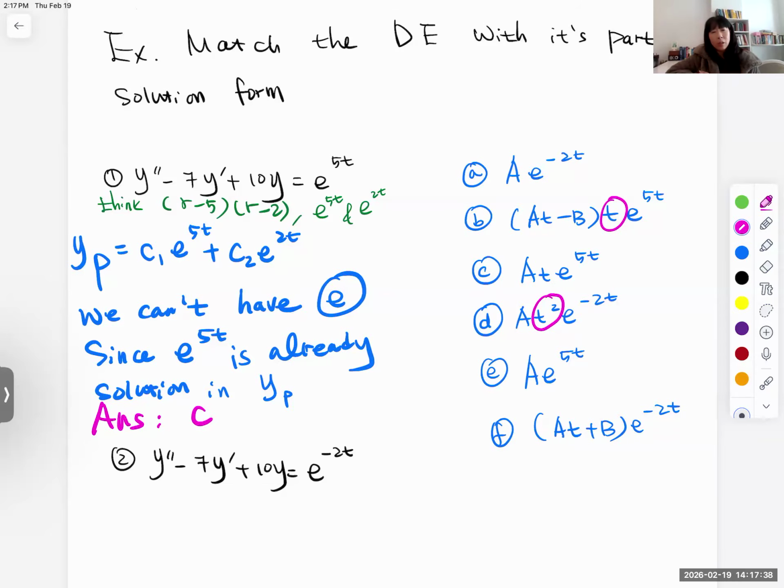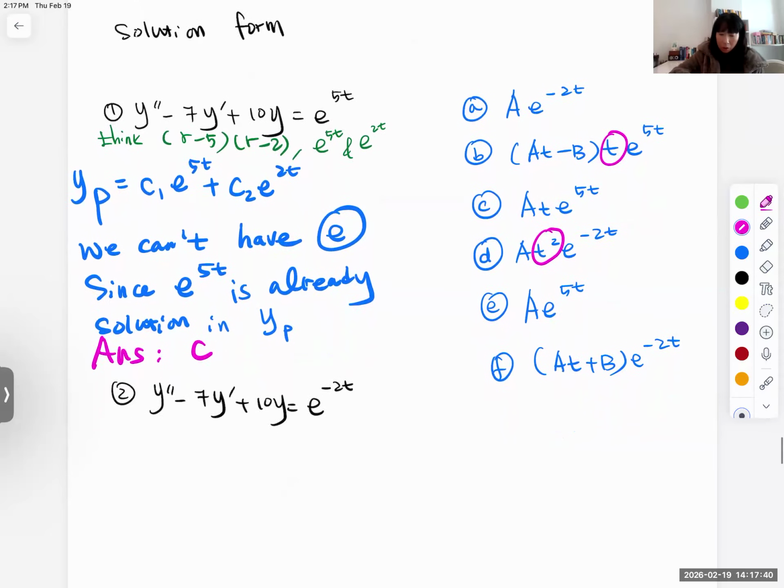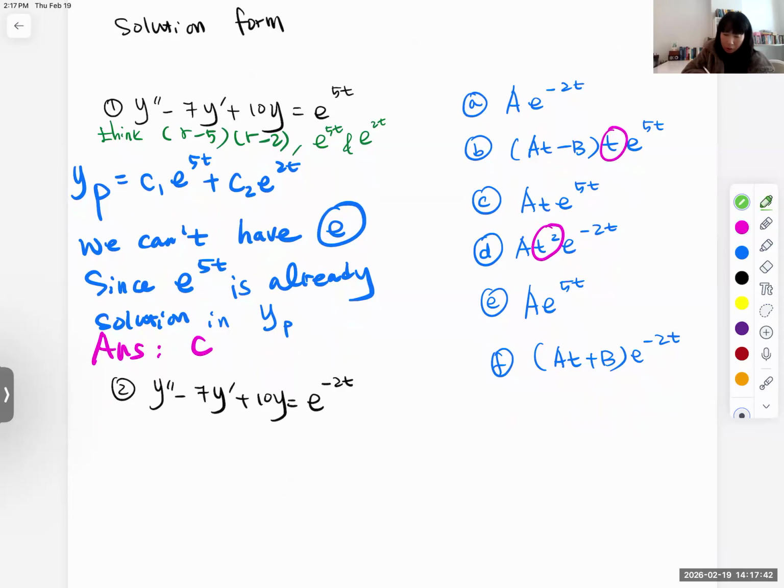Clear? Okay. So the second one we have same thing, right? Complementary solution, sorry, oh my gosh, I'm confused here, last time too, right? Complementary solution we have c sub 1 e to the 5t plus c sub 2 e to the 2t, right?